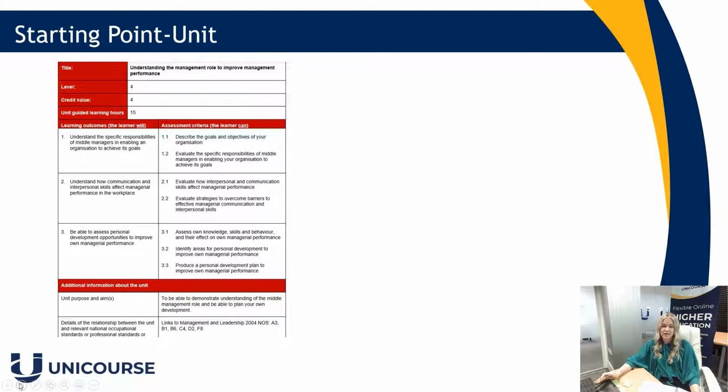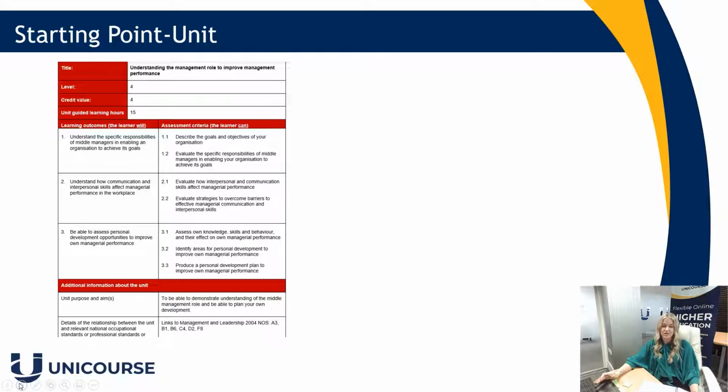So the assessment criteria on this unit is split into 3 learning outcomes. Firstly, you have learning outcome 1, which is looking at the specific responsibilities of the middle managers and how they are involved in achieving the organisational goals.